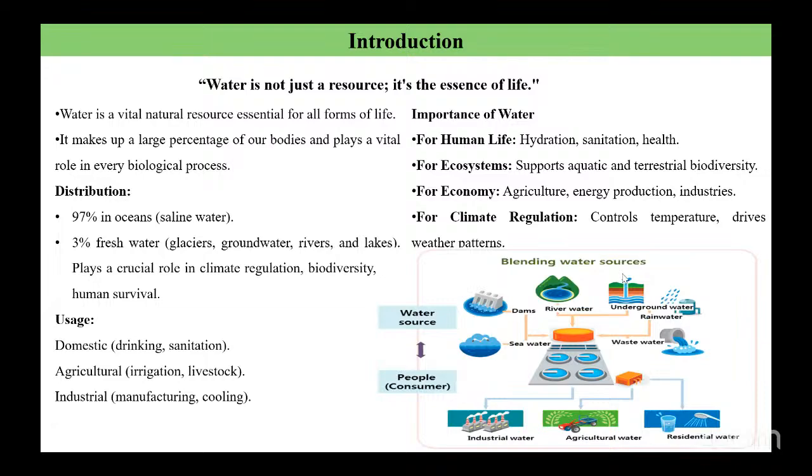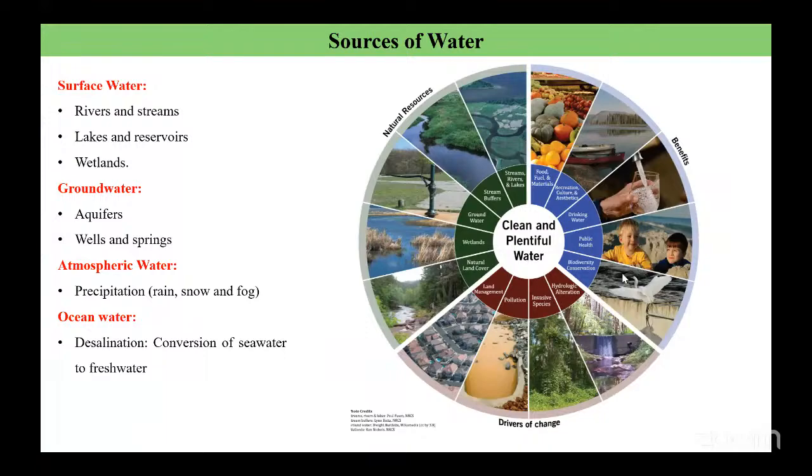Water has been used in many ways. So coming to the different sources of water, where exactly do we get the water from? The surface water includes the rivers, streams, lakes, reservoirs, and the wetlands. Then comes the groundwater, where the aquifers, wells, and springs are present.